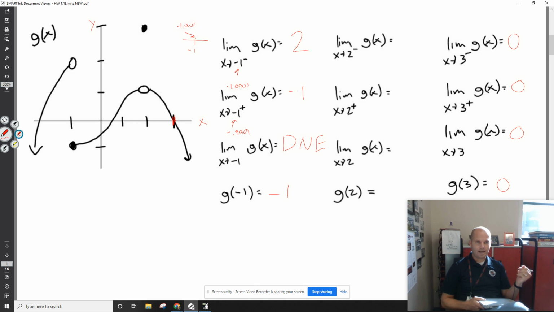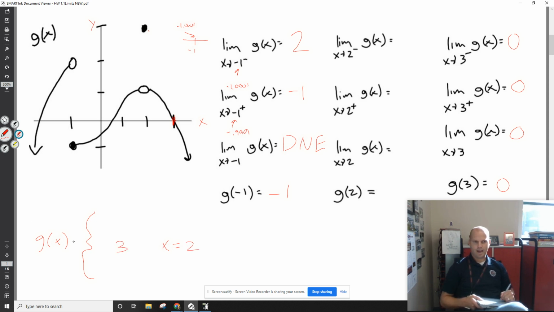If I were to look at x equals 2, this is a point that everybody messes up on. Now notice there's a closed circle up here. If I had the piecewise function for g of x, it would have some extra little line that says when x equals 2, use the y coordinate 3.